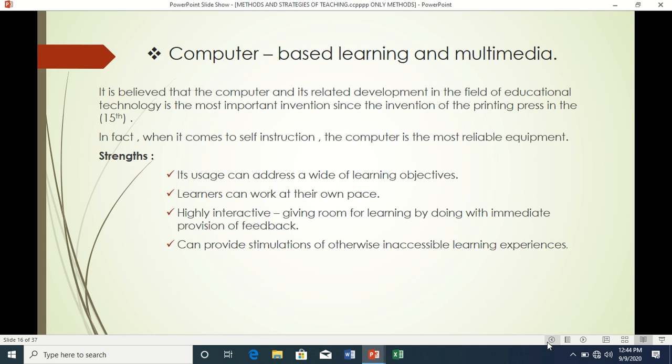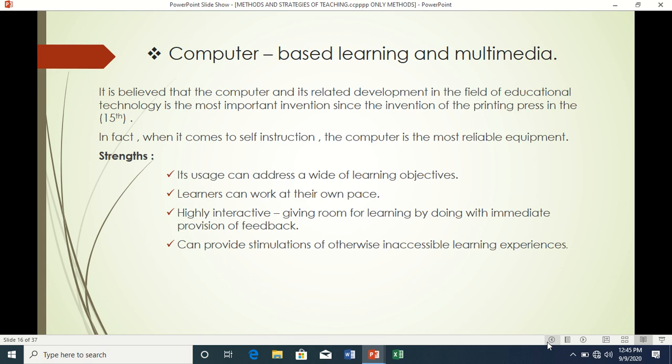When it comes to self-instruction, the computer is the most reliable equipment, and we all would agree. It can address a wide range of learning objectives.